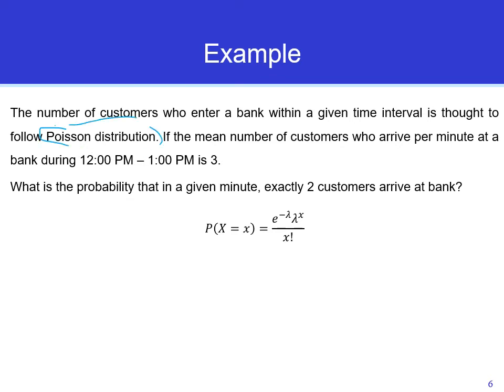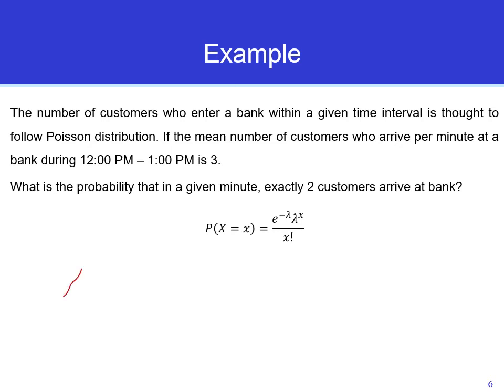If you consider each customer that arrived at the bank as a success, then you are looking for the number of successes, the number of customers that would enter a bank in a given time interval, which is 60 minutes from 12 p.m. to 1 p.m. So this is an example of Poisson distribution.